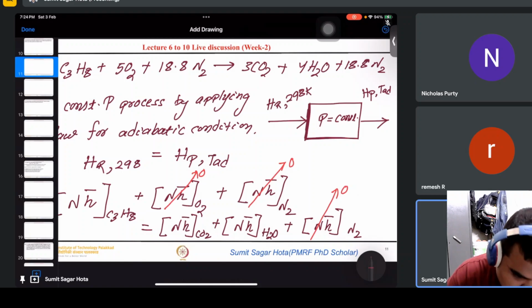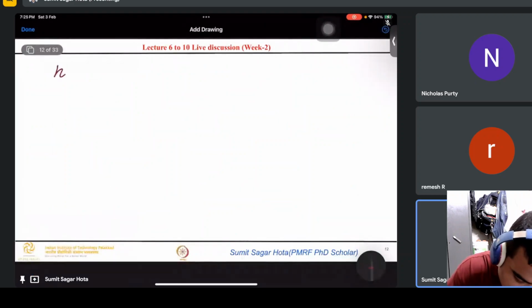Okay, we know one formula: H bar, the total enthalpy, is equal to the enthalpy of formation plus the sensible enthalpy. And what is sensible enthalpy?